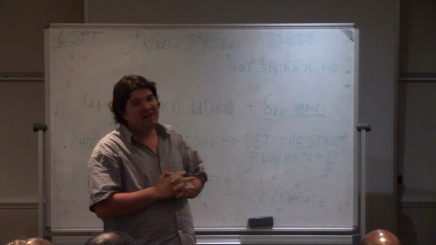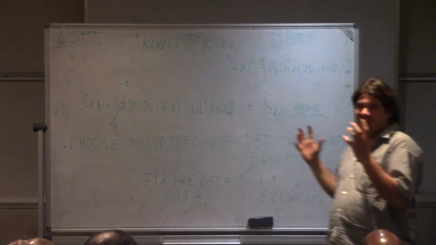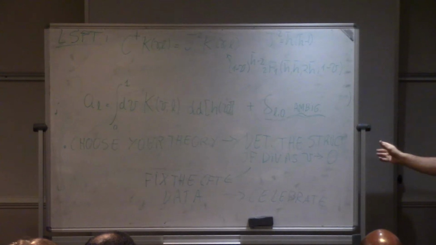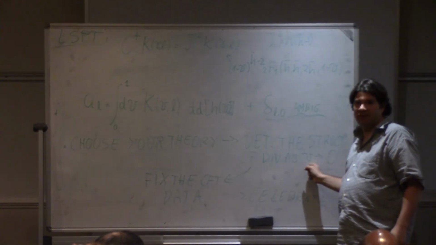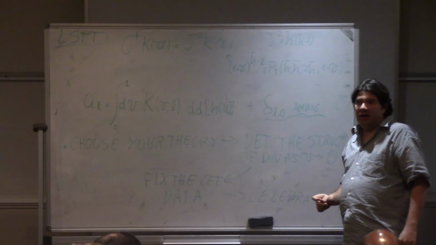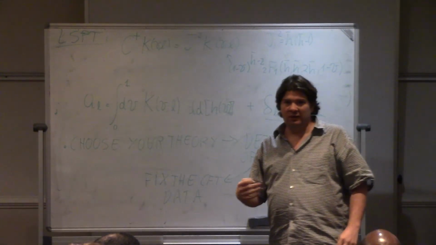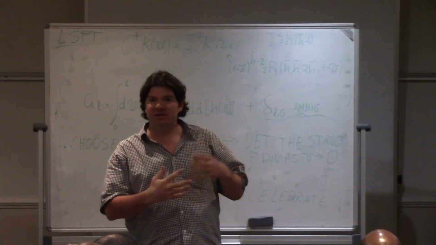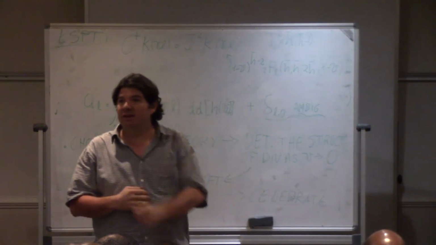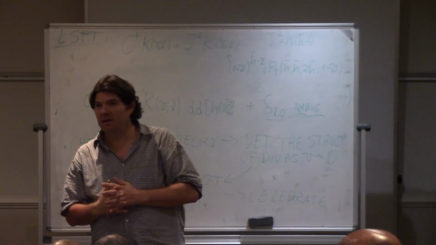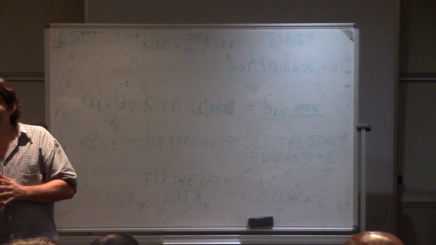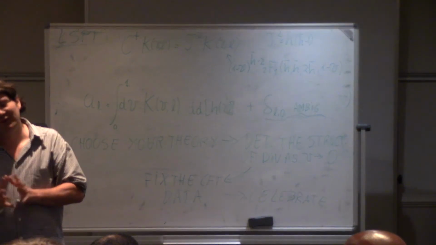No Feynman techniques, you are not using them, so this is quite powerful. The hard bit here is to determine the structure of divergences as p goes to 0. And we will talk about this for N=4 super Yang-Mills, but that's the hard bit.